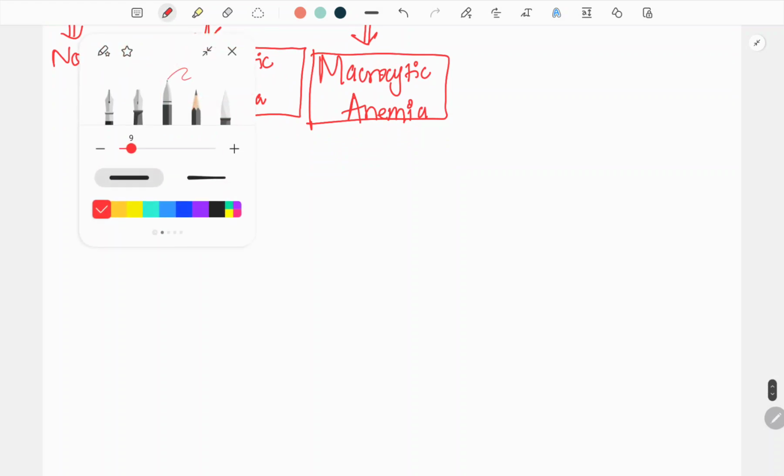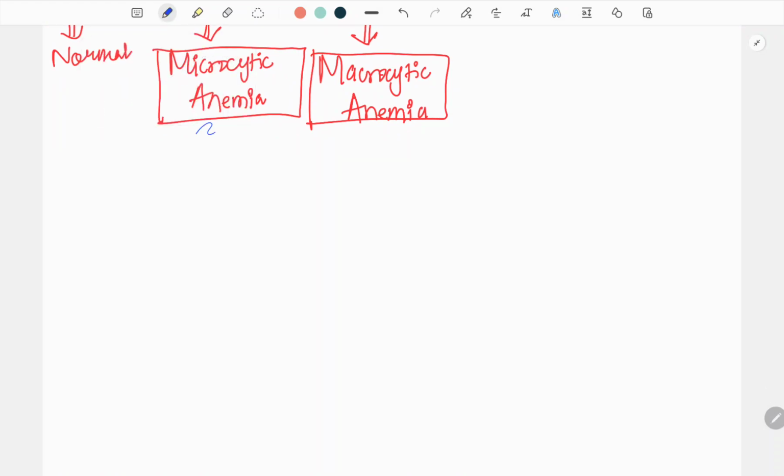Now, what are the causes of microcytic anemia? It can be remembered with a mnemonic, SITA. S stands for sideroblastic anemia. This has been asked in many exams, MCQs and all.